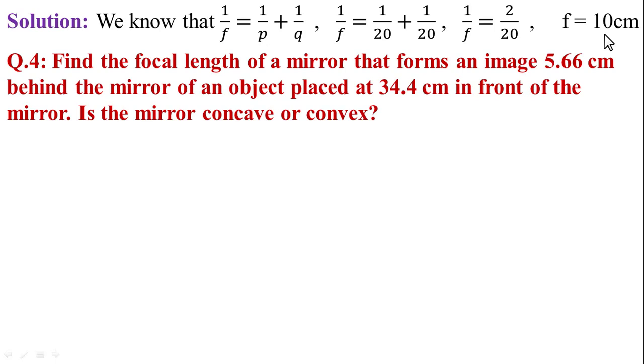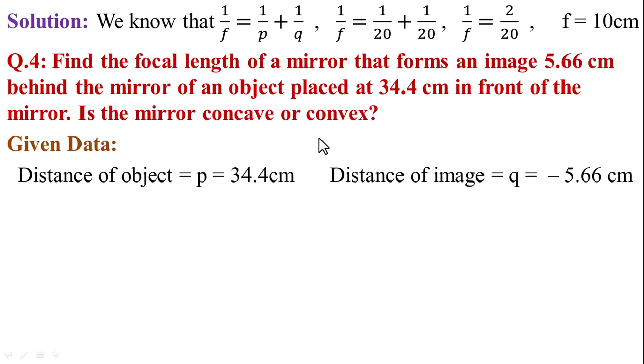Now today's last question, question number 4. Find the focal length of mirror that forms the image of 5.66 centimeter behind the mirror of object placed at 34.4 centimeter in front of the mirror. Is the mirror concave or convex? So first of all, to find the focal length, write the given data.